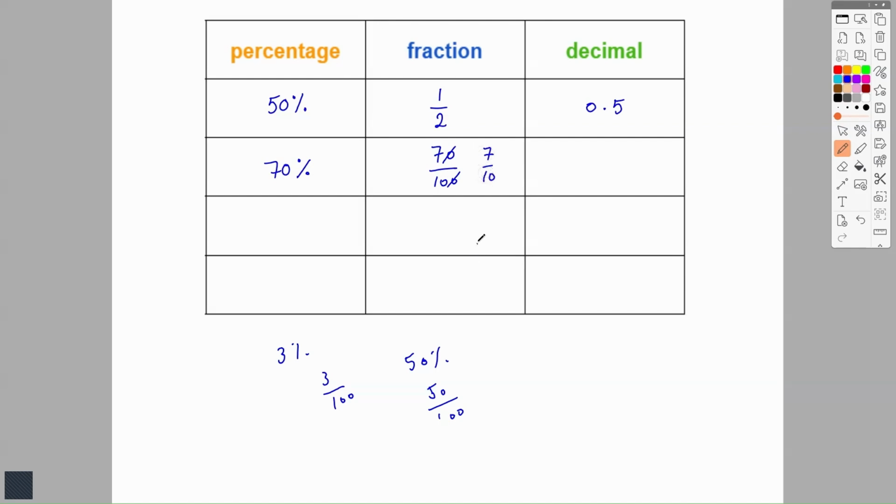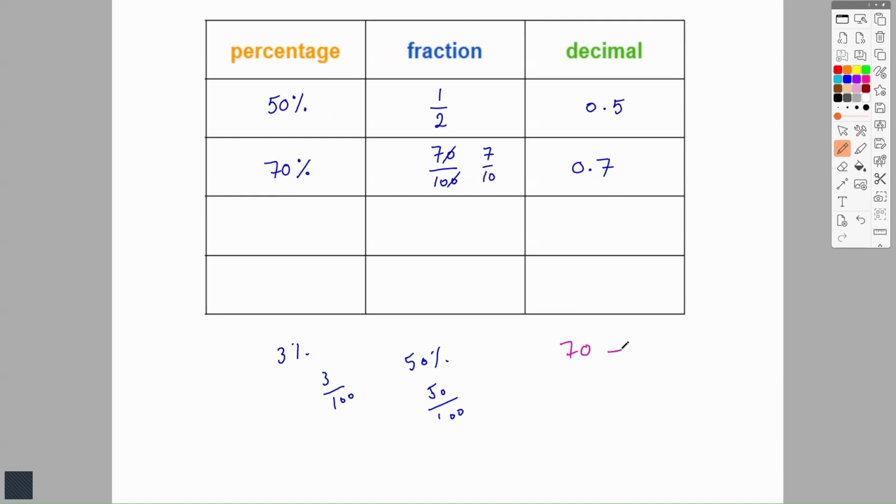7/10. Now we need to write this in a decimal form. We know that 7/10 means we have only tenths. The first number after the decimal point is the tenths place, so we have 0.7. We can also go directly from percentage to decimal. As we said, a percentage is a number divided by 100.